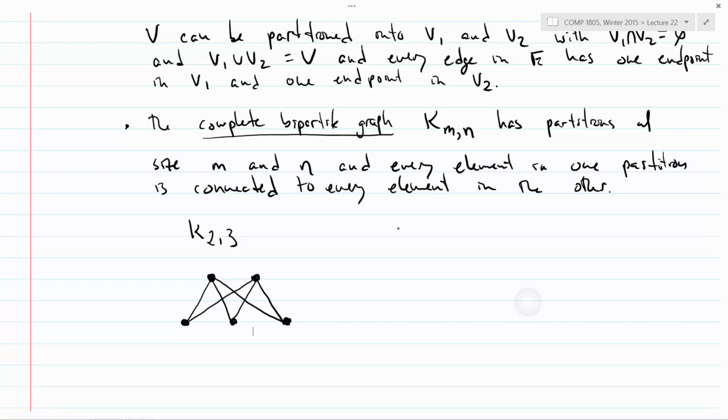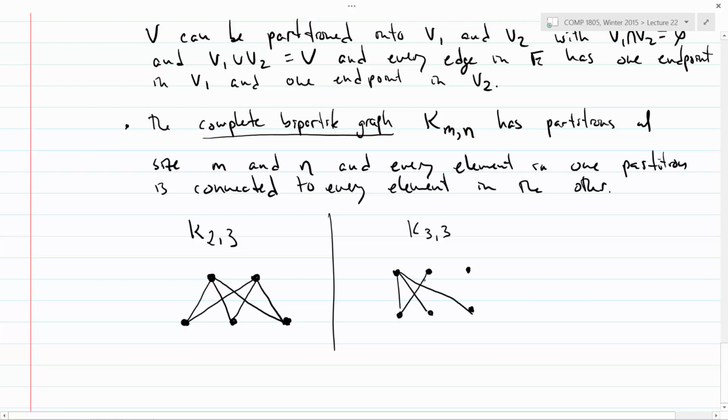I'll do another one. Let's say I want K3,3. Well, then I have 3 vertices on top, 3 vertices on the bottom, and the top ones are connected to everything. And I'm done. That's okay? Yeah?